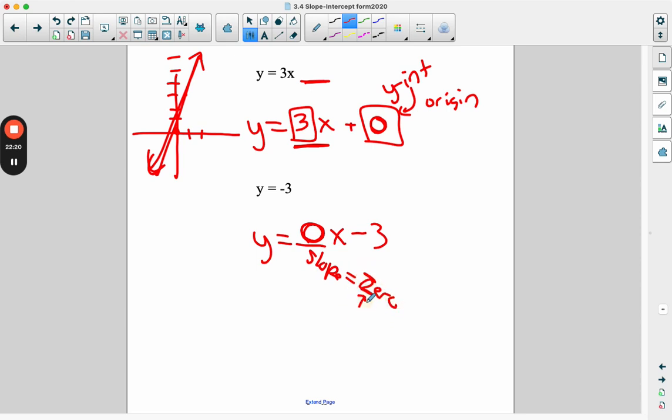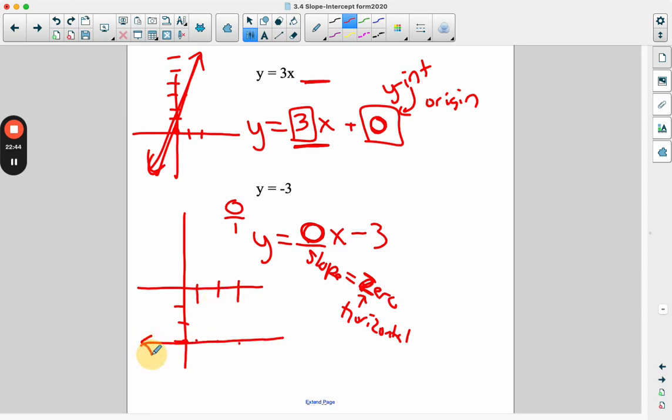It's a horizontal line that goes through the y-axis at negative 3. Or it has a y-intercept of negative 3 and a slope of 0, which is 0 over 1, which means I don't go up or down, I just go right 1, right 1, right 1, which gives me a horizontal line.